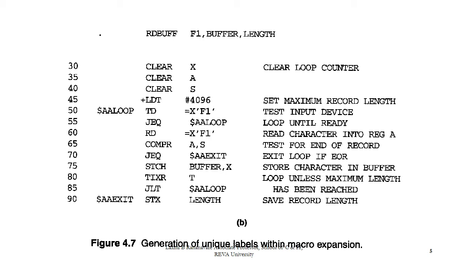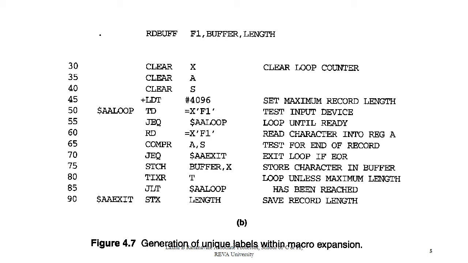So now we are going to have this clear X, clear A and clear S. Then we have instruction plus LDT 4096 as it is. Then we have TD, which is having a loop there. So where it is called, this loop should be preceded with $AA.